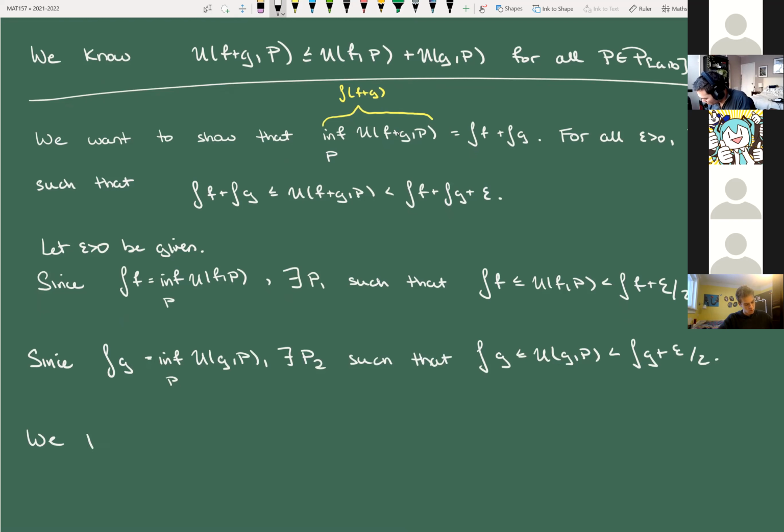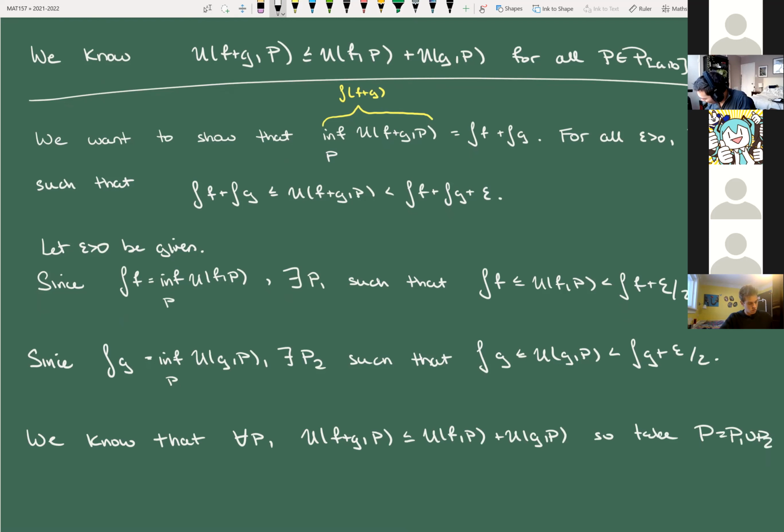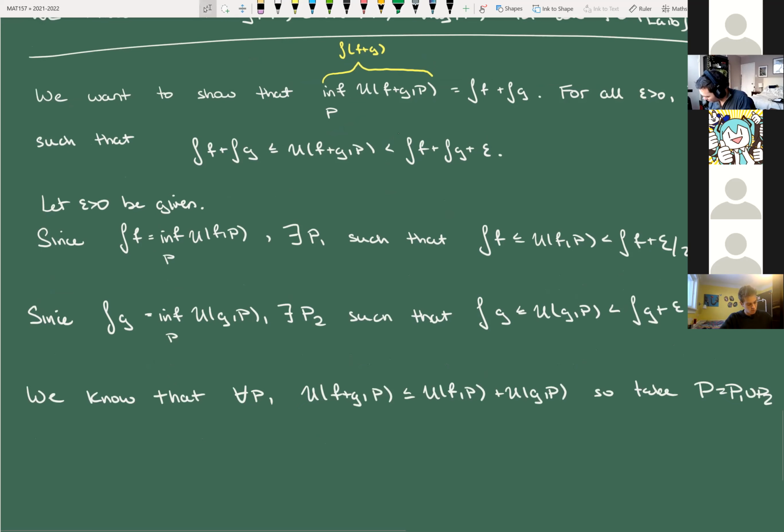Now, we know that for every partition P, U(f+g,P) is less than or equal to U(f,P) plus U(g,P). So take P to be, again, P1 union P2, right? Again, both 1 and 2 hold for P. And what do we get?